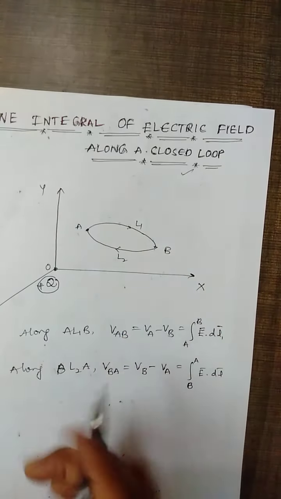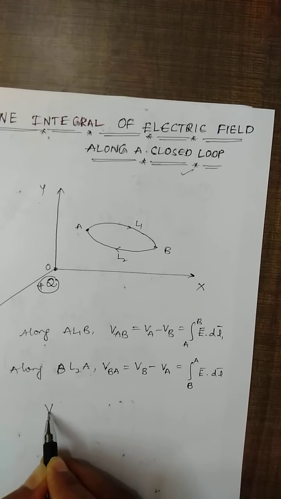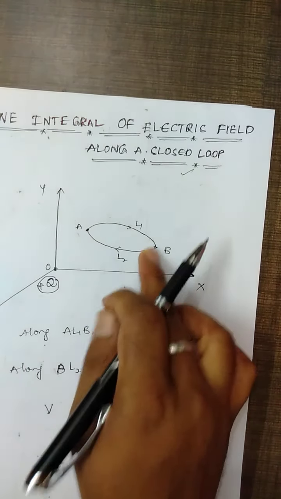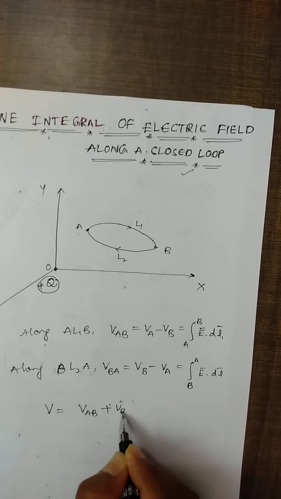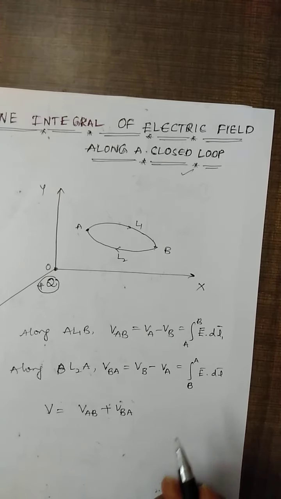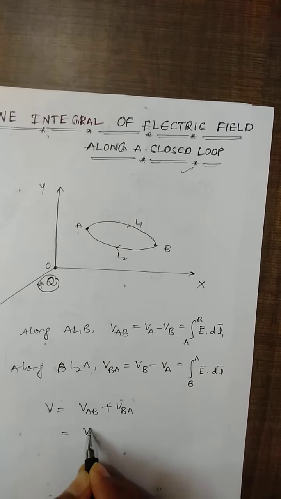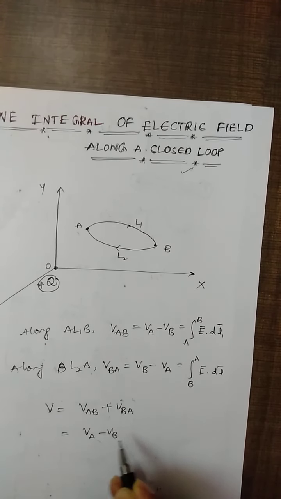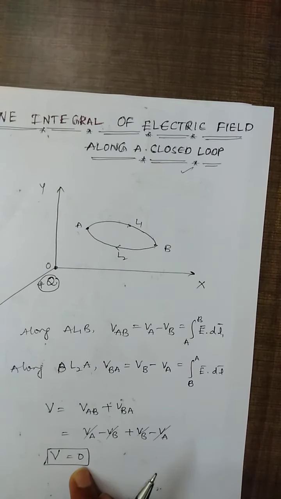I have to take this path as well as this one, so VAB plus VBA. VAB means VA minus VB, plus VB minus VA, so you can simply cancel them. This is a simple method. So the total net electric potential on that loop is equal to 0.